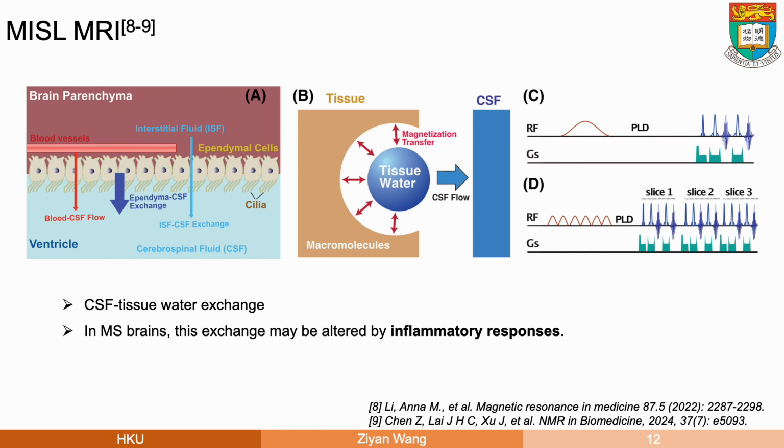Previous studies confirmed that MISL MRI can detect age-dependent CSF tissue water exchange and reduced water exchange caused by AQP4 suppressors, but the application of MISL MRI in neurological diseases remains unexplored. In MS brains, the inflammatory responses may cause an alteration in CSF tissue water exchange.